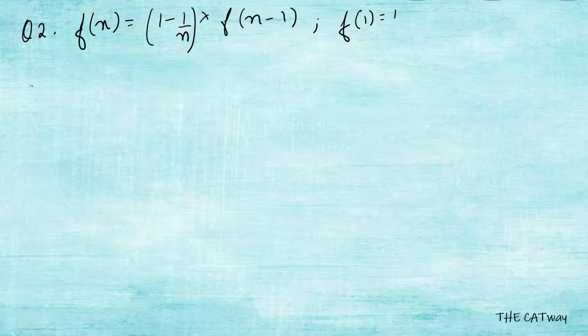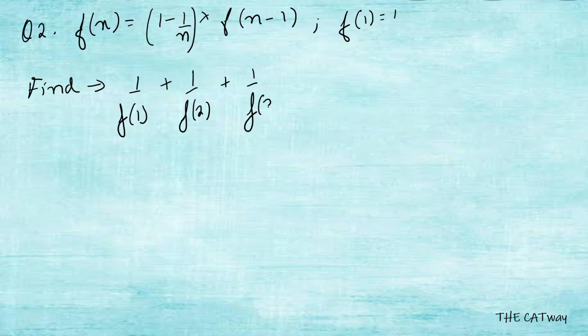And what do we have to find? We have to find 1 by f1 plus 1 by f2 plus 1 by f3 and so on up till 1 by f8. So we will start by finding f2.